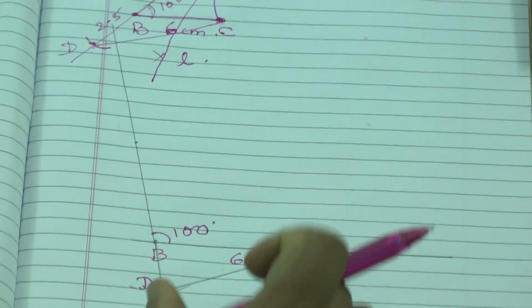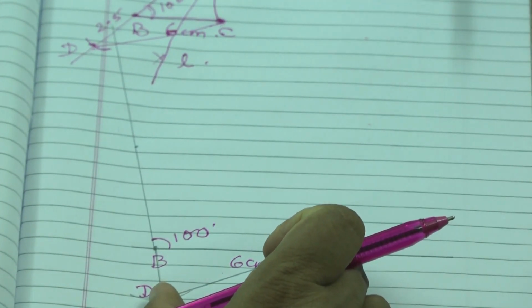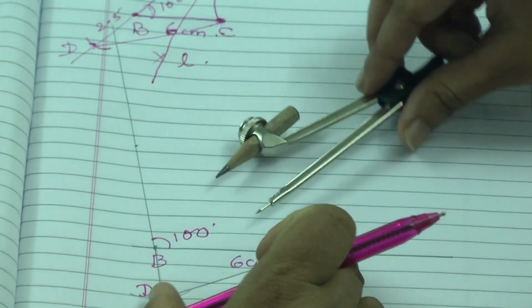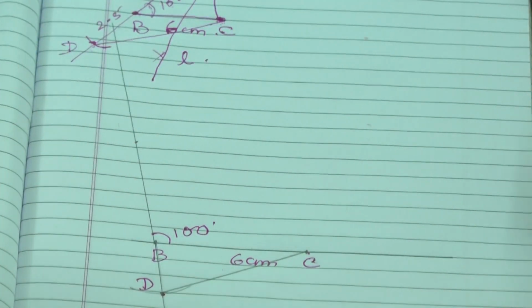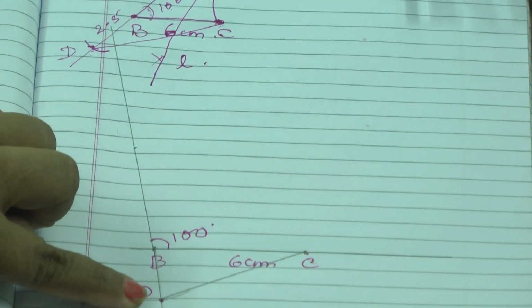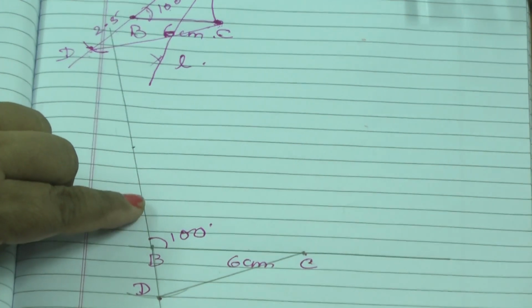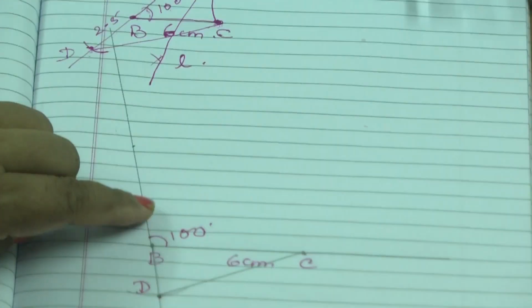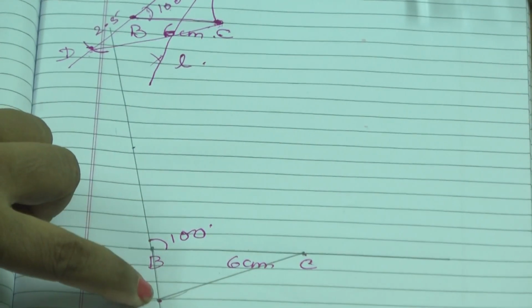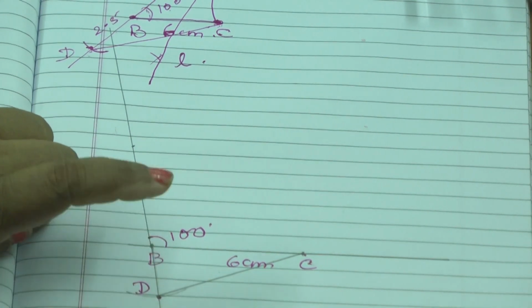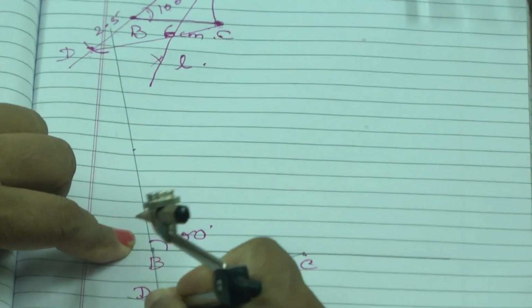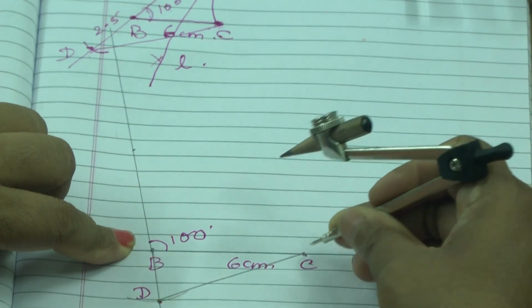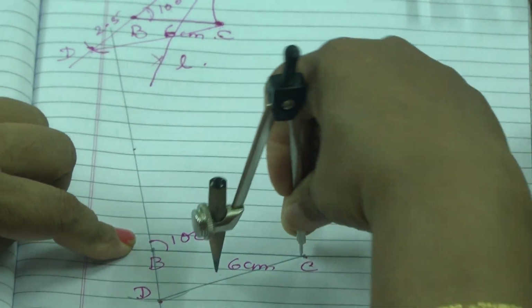Now draw the perpendicular bisector of DC. See, earlier children, we have taken this point D above because it was less than 90 degree. Now it is more than 90 degree, therefore we have to take it below the line BC. So I need to bisect the line DC. Keep the pointer at C. Take more than half.